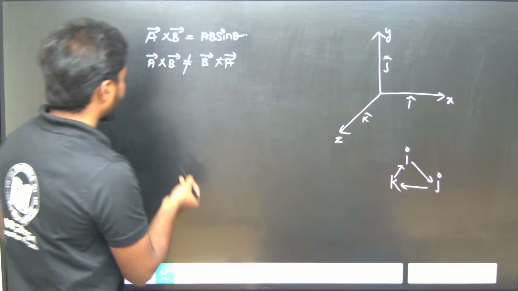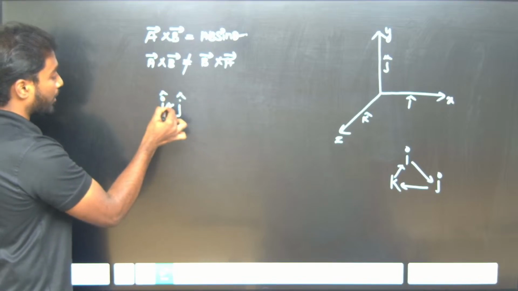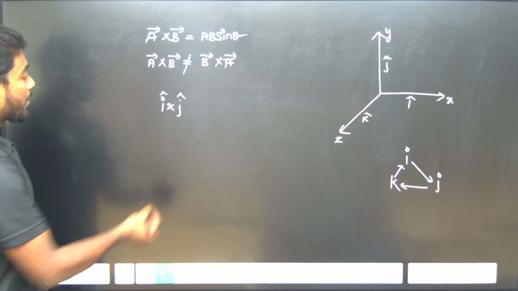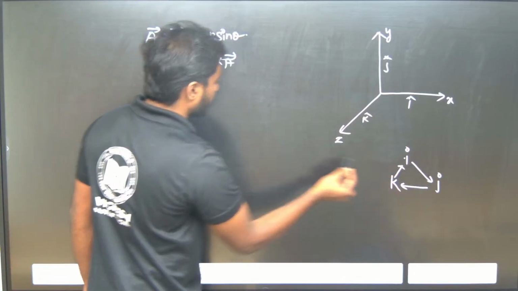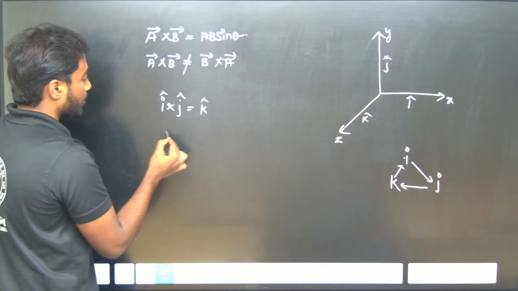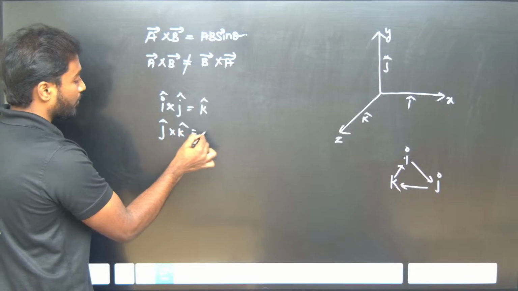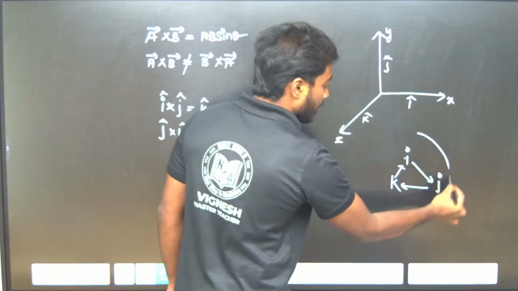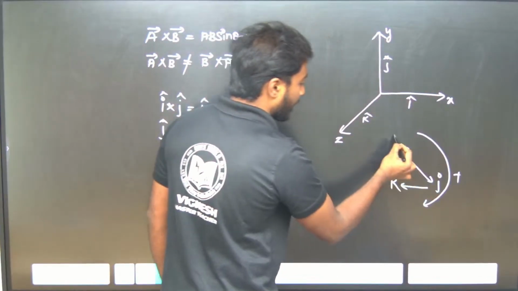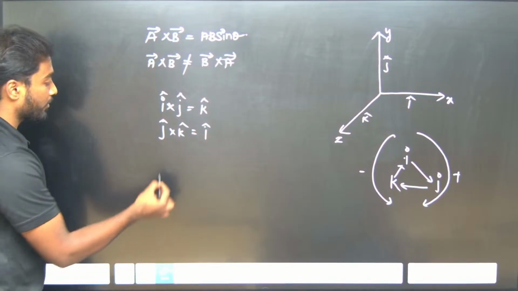If they are asking i cross j, i cap cross j cap, i to j will give k. Now j cap cross k cap will give i cap. The thing I can remember: clockwise is positive, anti-clockwise is negative.